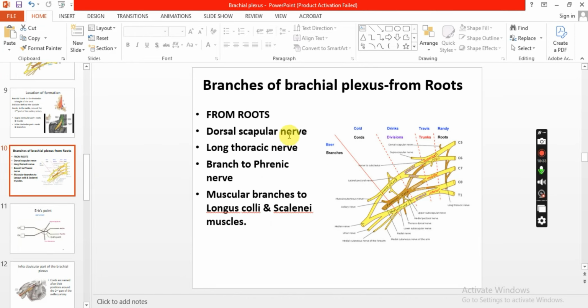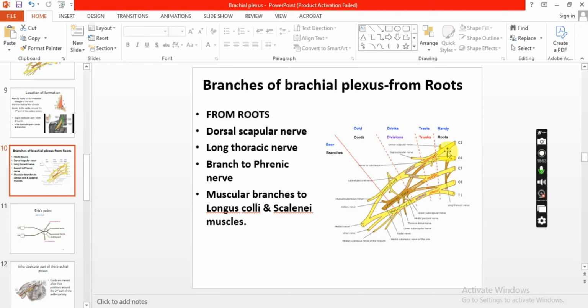From the C5 nerve, we can see another small branch called the dorsal scapular nerve arises. A few fibers from C3 and C4 make the phrenic nerve. A few fibers from C5 also join with the phrenic nerve.